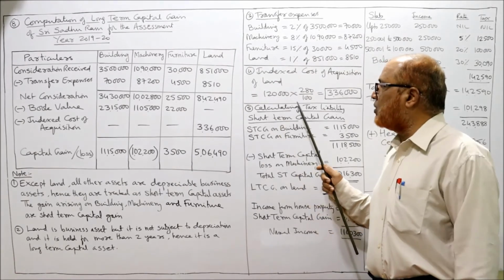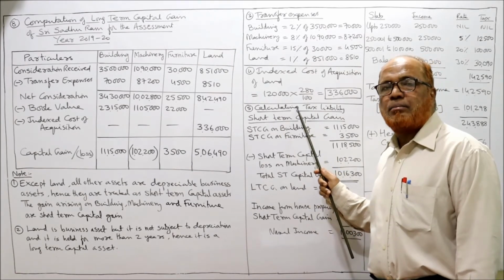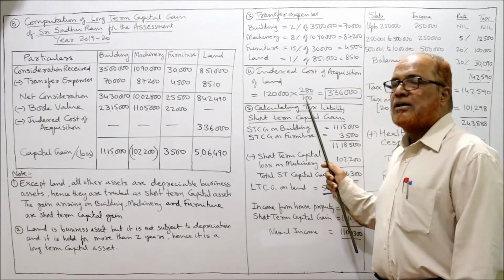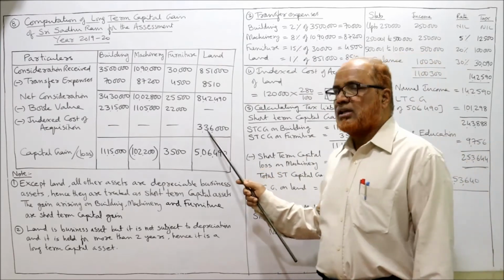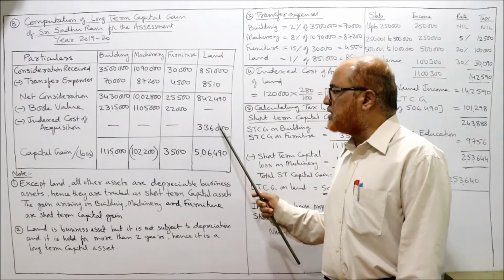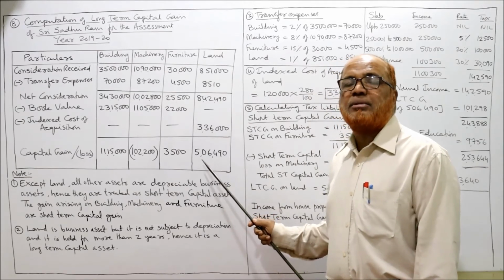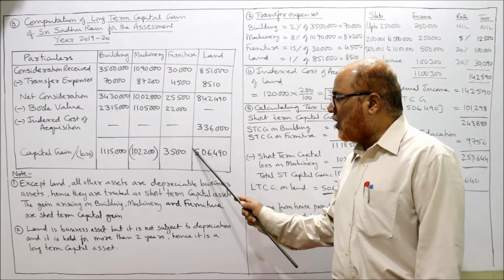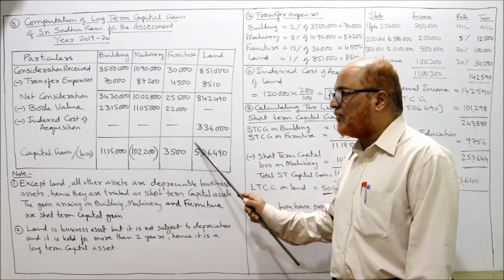Current year index number 280 divided by index number on 1/4/2001, 2001-2002, which is 100. So we'll get 3,36,000 as the indexed cost of acquisition of land. Subtract it, you will get long-term capital gain on sale of land.